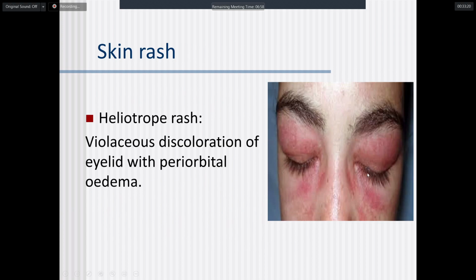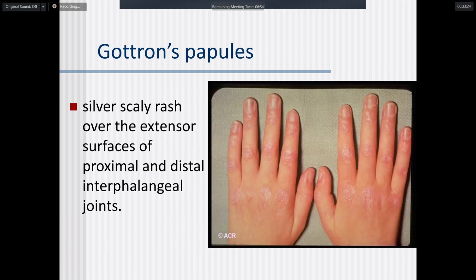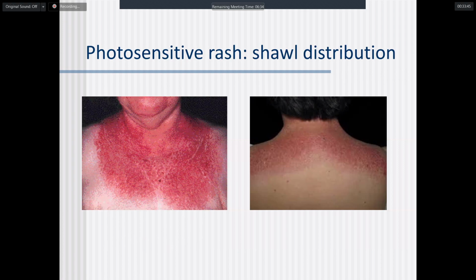This is dermatomyositis by definition. ما فيش عنده مثلا skin rash، ما فيش عنده telangiectasia، ما فيش عنده Gottron's papules اللي هي silver scaly rash over extensor surfaces of proximal and distal interphalangeal joints. اللي هو Gottron's papules. ما فيش عنده photosensitivity او عنده photosensitivity.